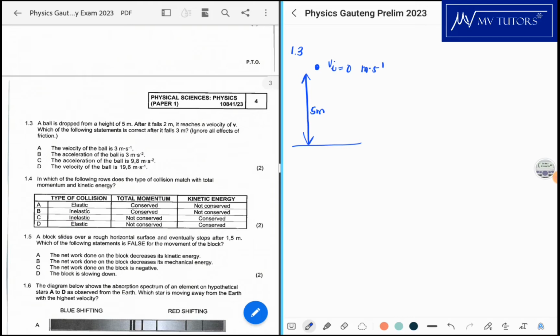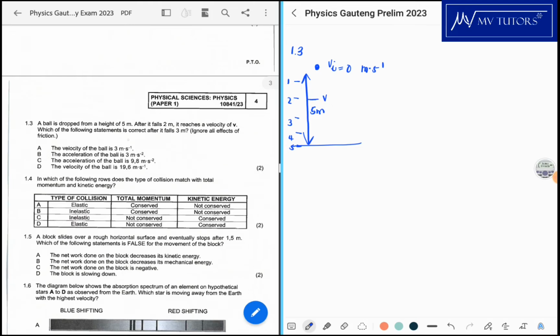Alright, so a ball is dropped from a height of 5 meters. After it falls 2 meters, it reaches a velocity of v. So let's say this is 1 meter that has been dropped, 2, 3, 4, and then finally at the bottom 5. So when it reaches here, after it has been dropped 2 meters, the velocity is v.